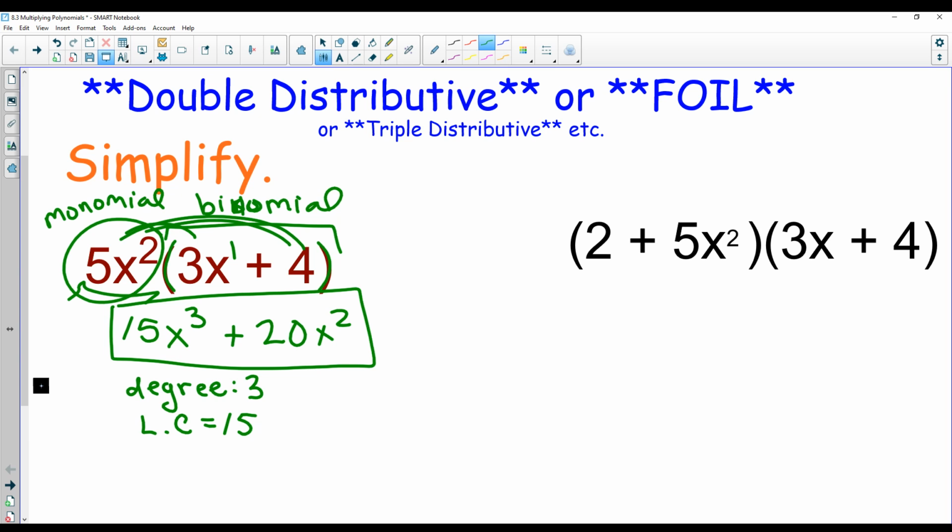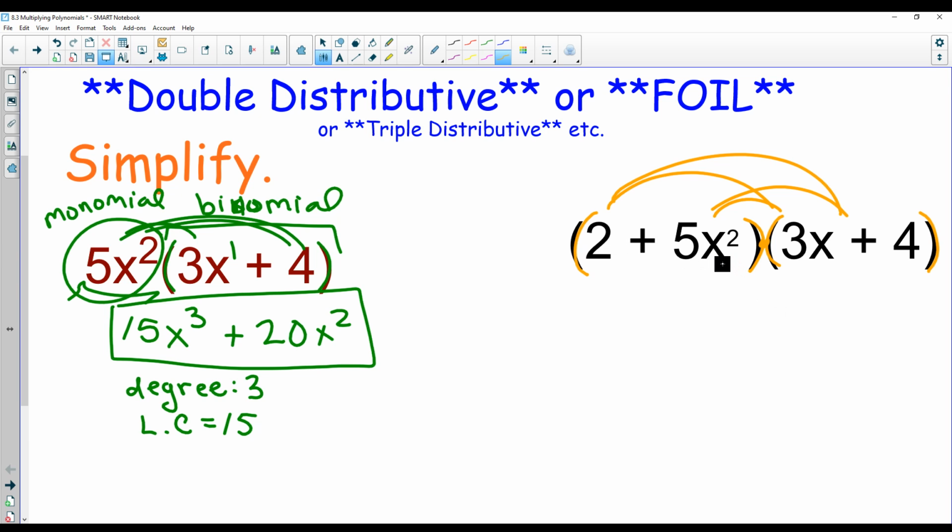All right, the second one, we would call this double distributive, just because instead of multiplying with one term, we have two terms. So all of this times all of this, okay? So you just have to multiply every term. So here we go.